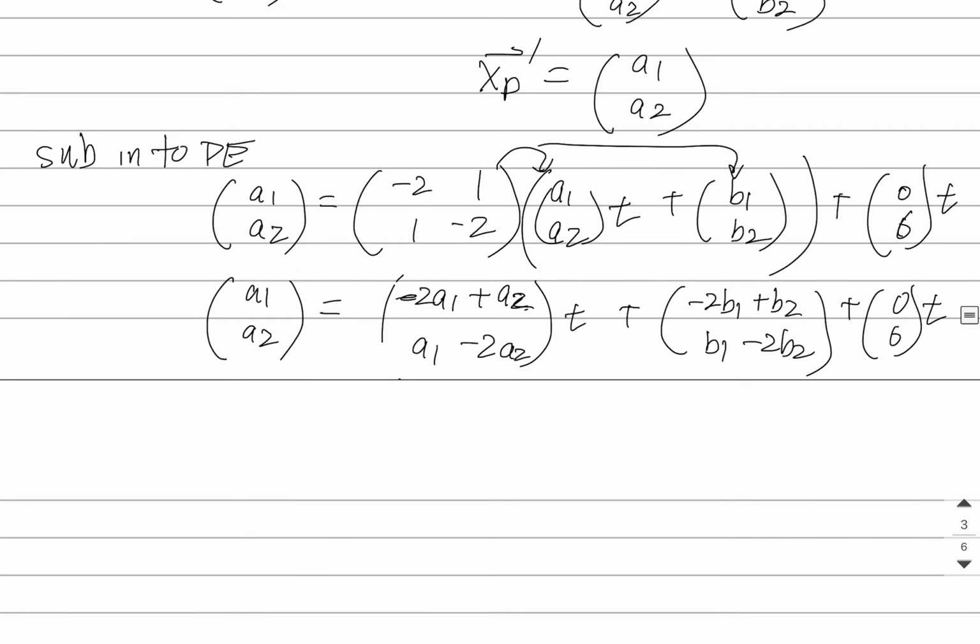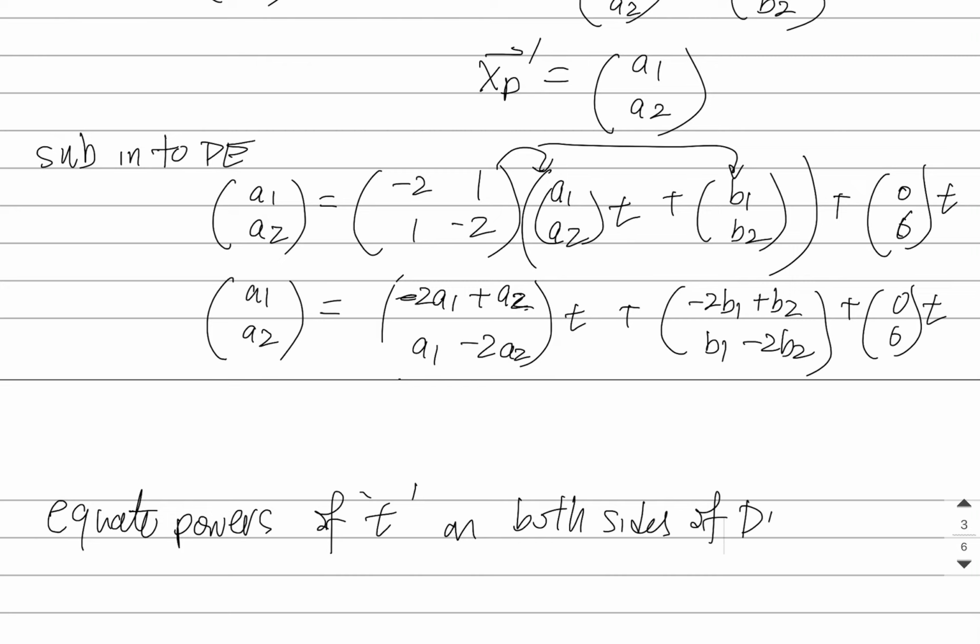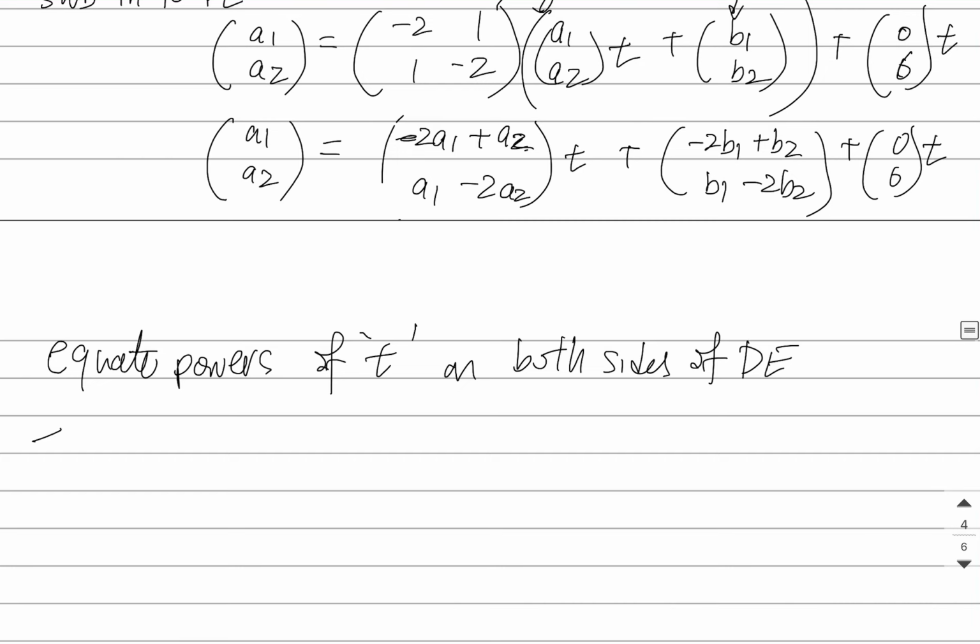So how do we make sense of this? What we need to do is equate powers of the variables that we see here. So we are going to equate powers of t on both sides of this system. Actually, this is not correct to say we have nothing at t to the 0. We do have powers of t to the 0, the constants. So we have a1, a2 here. I'll color code this.